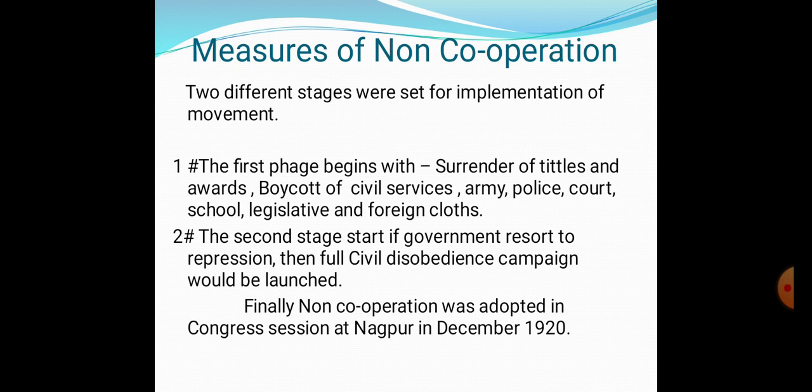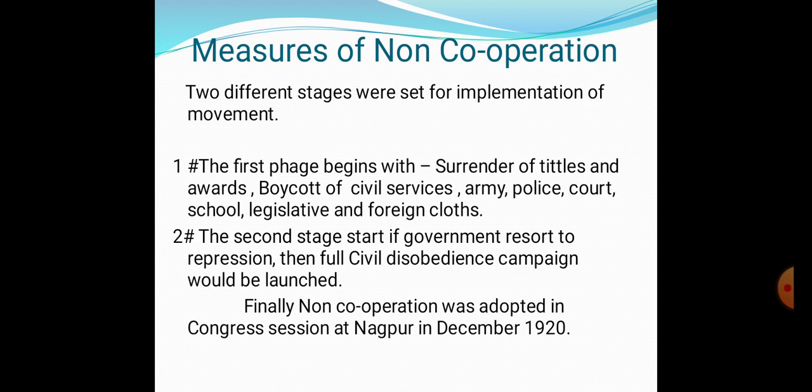And now the new topic, measures of non-cooperation. Two different stages were set for implementation of the movement. The first phase began with surrender of titles and awards, boycott of civil services, army, police, court, school, legislative, and foreign clothes.